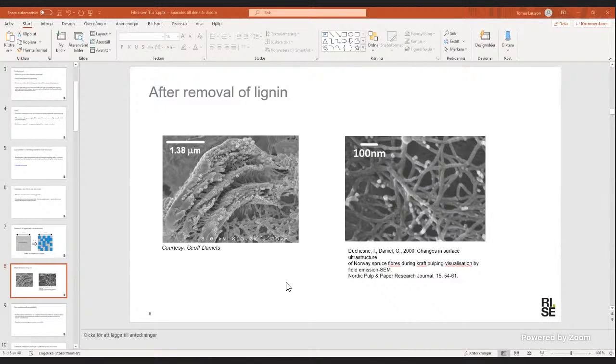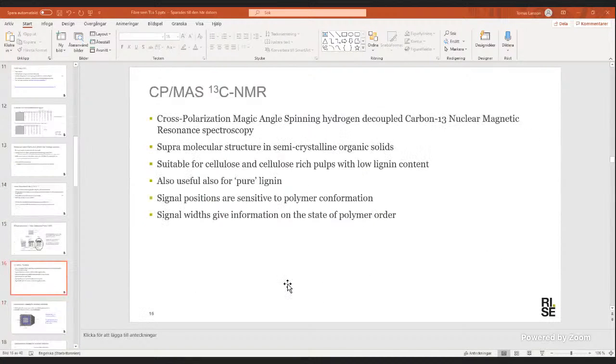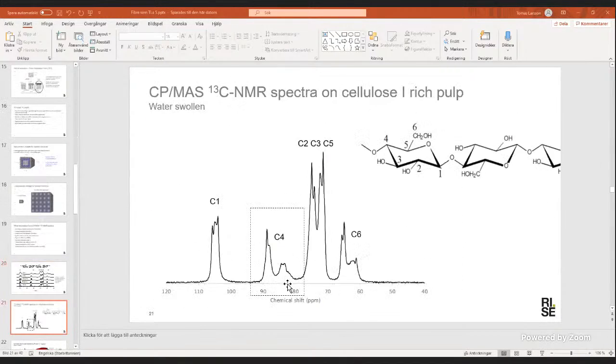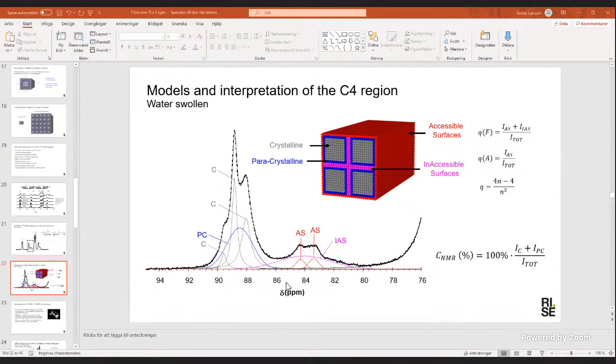I was thinking about the CP mass spectrum, and you described mathematically how you determine the average fibril dimensions that we've been working with, and I've been working with it too.